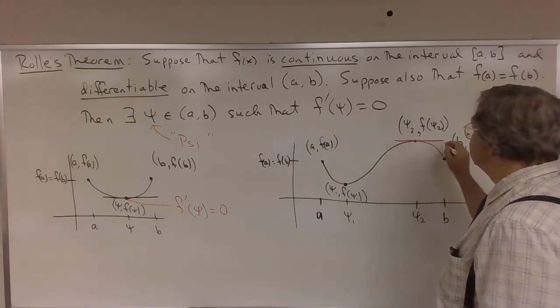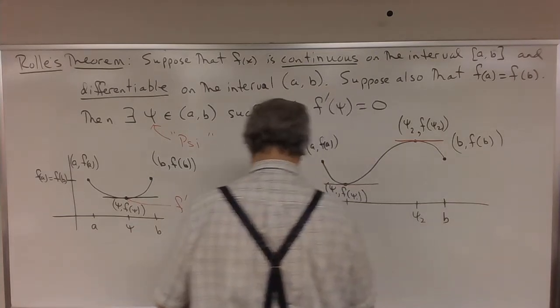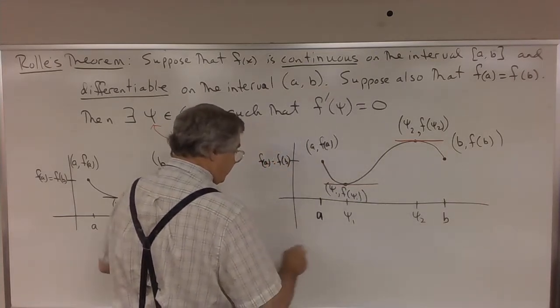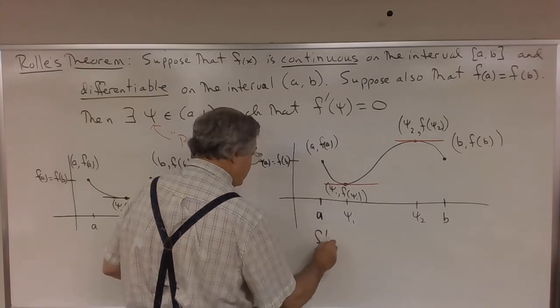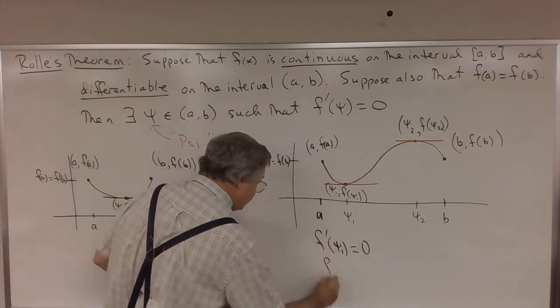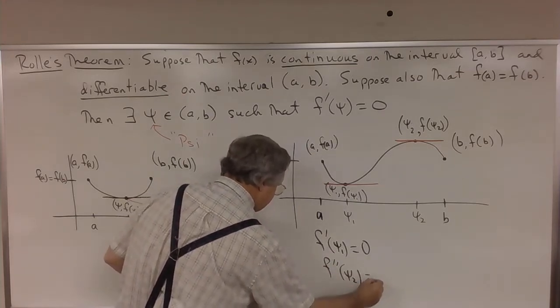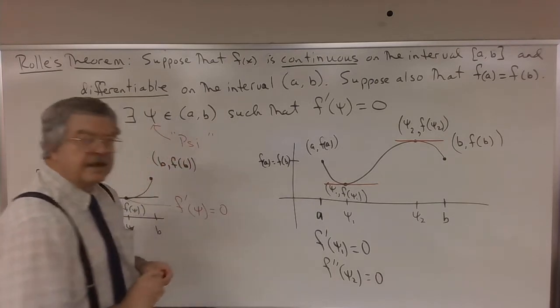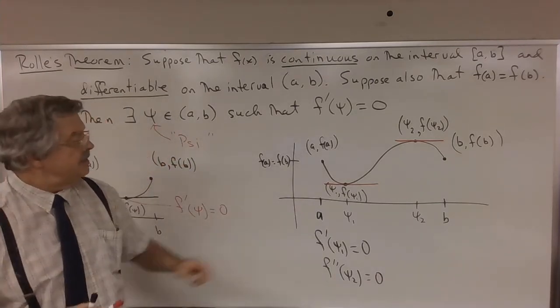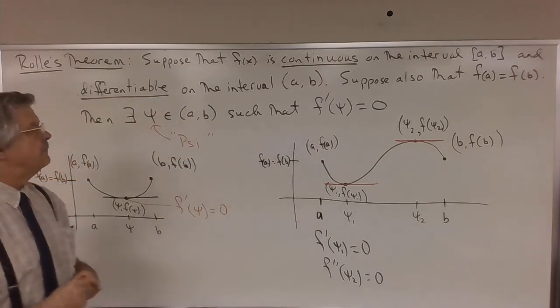We have a horizontal tangent. So in this case, we have more than one point psi where the derivative is 0. In this case, we have two different x values where the derivative is 0.